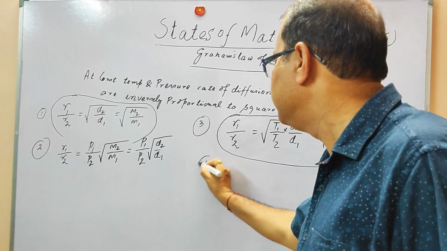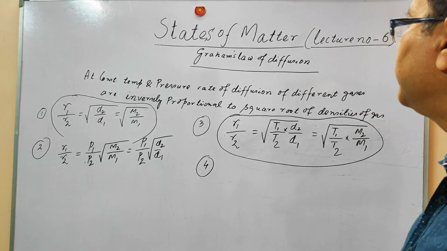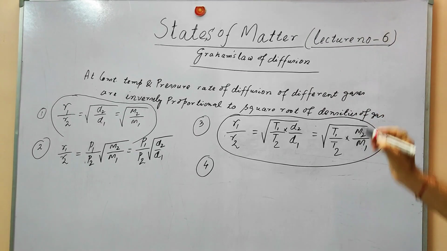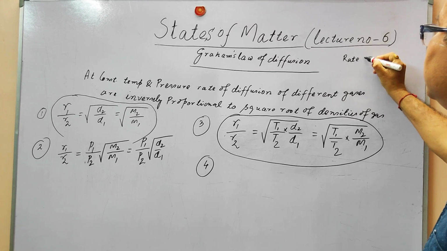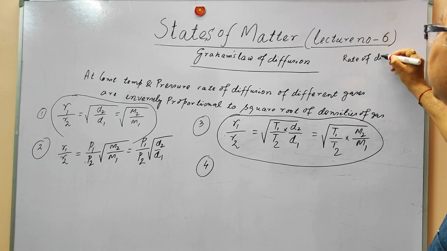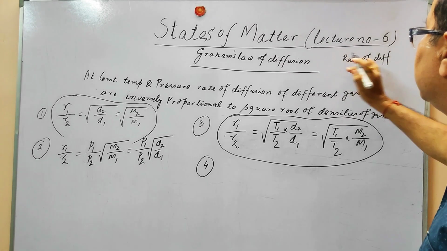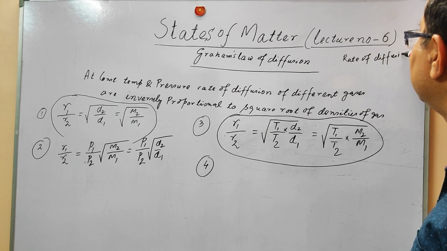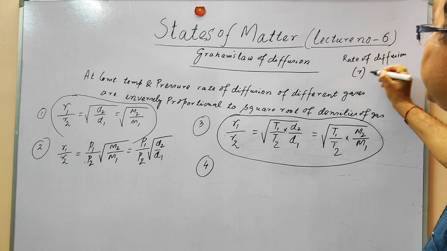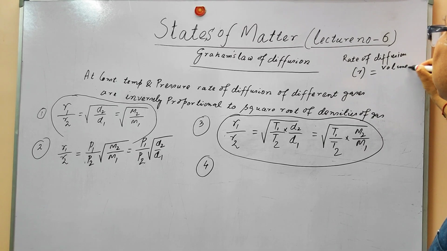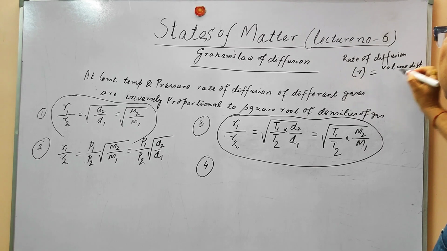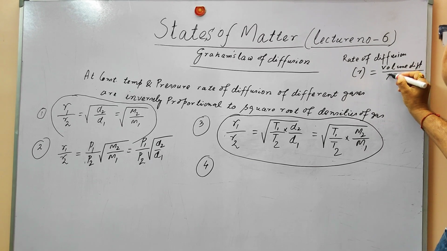Fourth one: suppose we know the rate of diffusion. What is the rate of diffusion? Rate of diffusion R is equal to volume diffused divided by time taken.